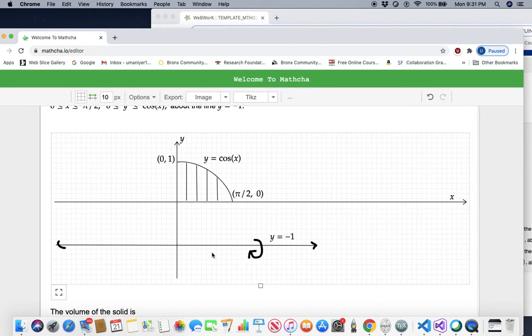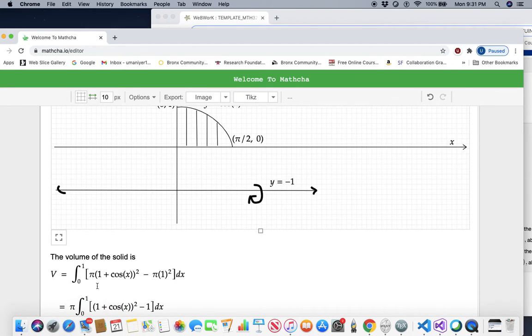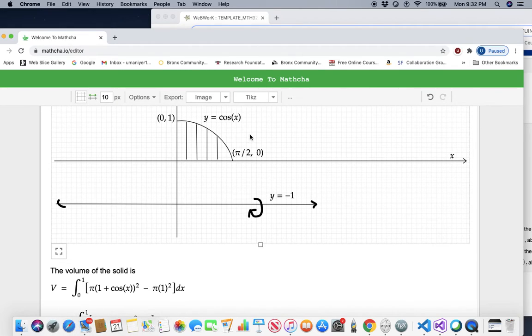As you may very well imagine, I'm going to have a huge solid, and you are going to get an outer radius and an inner radius. Outer radius is going to be from here until here. So from here you go up to here, that's distance 1 plus the y coordinate. So 1 plus y is the outer radius, and y is cosine x. Inner radius is simply 1.